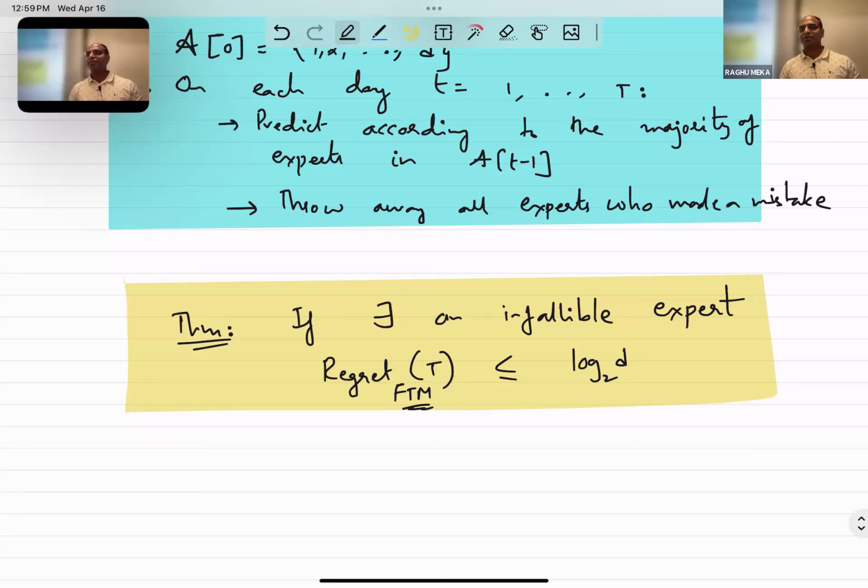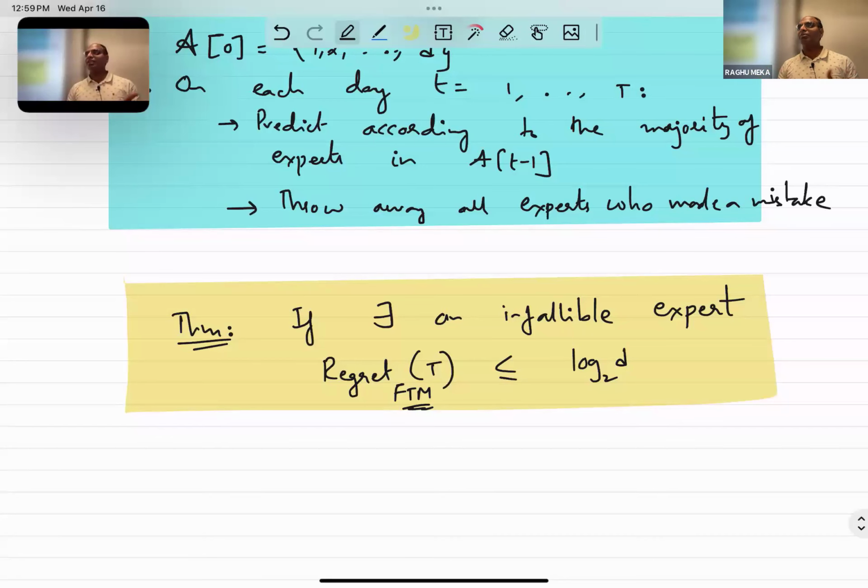And why do you think this is true? I mean, we'll prove it formally in a second, but there's really just a one sentence sort of explanation. Exactly. Every time we make a mistake, we make significant progress in narrowing down the set of experts, right?